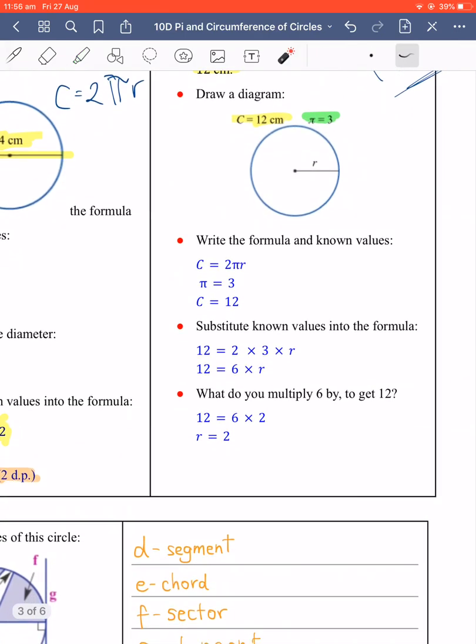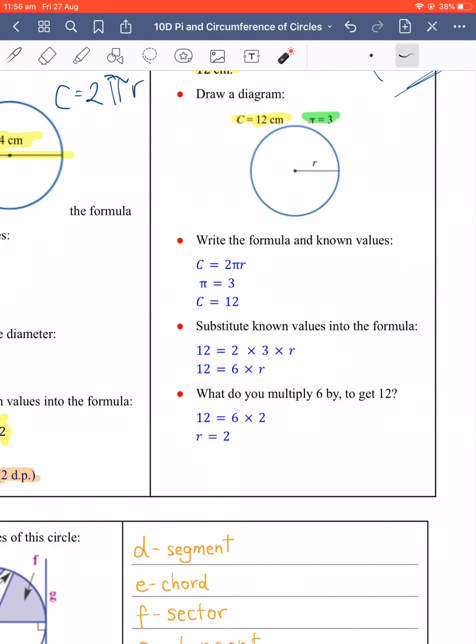Next thing, we write that formula. Circumference equals 2 pi r. And we have our things that we can write down as our known values as well. We then substitute them in. So 12 equals 2 times pi, which we're taking as 3, multiplied by r, which was an unknown value.